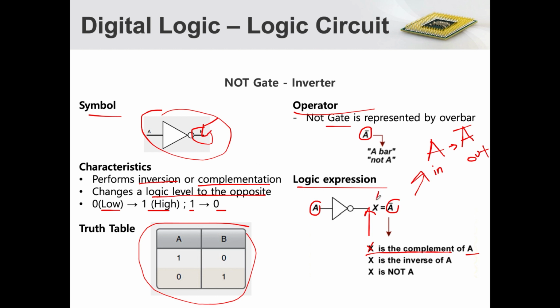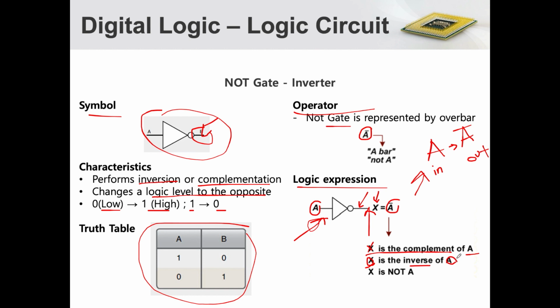We just use this as a symbol of output, whether it's B, C, D and everything. As long as it is here, it is output, and if it is here, we call it input. So the output here is the inverse of the input.